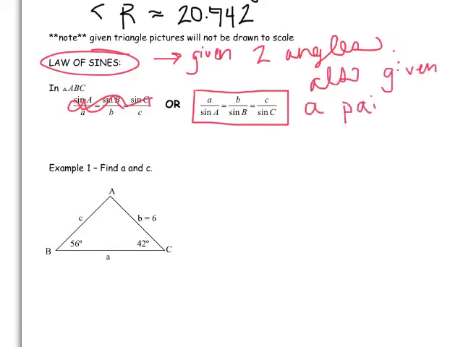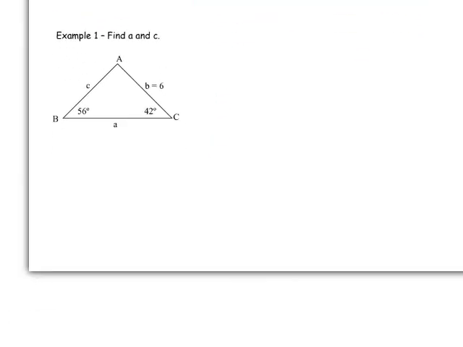Like, you have to be given side a and angle A, or side c and angle C. So you have to be given a pair. That's really the more important one, the way that I remember it. So in this case, example 1, you are given b and B. So you're given the pair, so you can definitely use the law of sines.